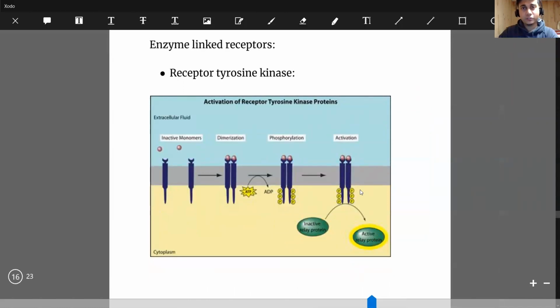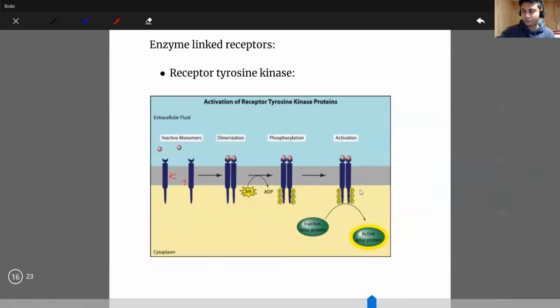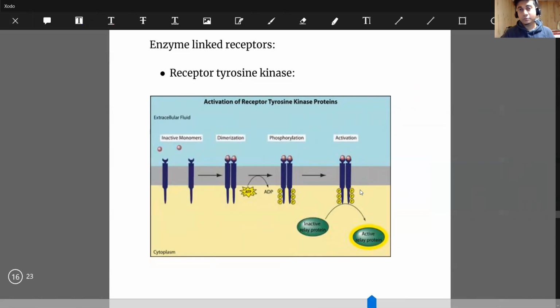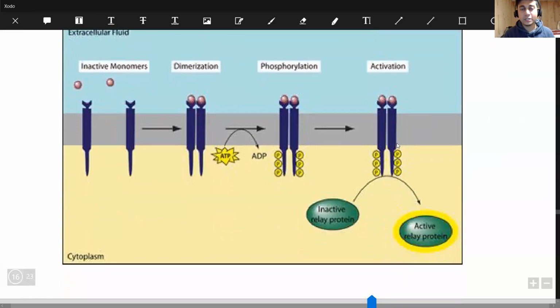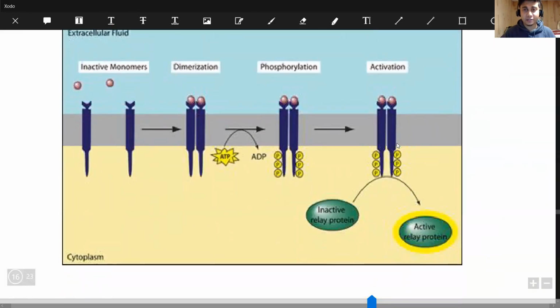Now this receptor tyrosine kinase, as you can see, these are the receptors, right? These receptors are wide apart, but whenever the ligand binds here, let's say these 2 ligands are binding here, these receptors become dimerized. That means they come close together. And when they come close together, they have some activity inside. These receptors are self-sufficient, or kind of self-employed, because they have their own tyrosine kinase activity.